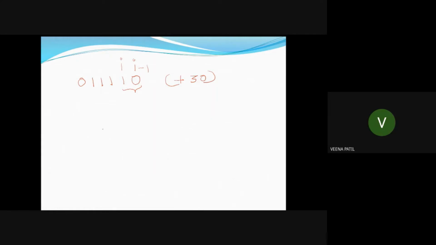So right now I have a number 0 1 1 1 1 0. So always I should start with the first bit from right to left. So if this bit I assume as the ith bit, then what will be the i minus 1th bit? We don't have it here. So we assume an imaginary 0.